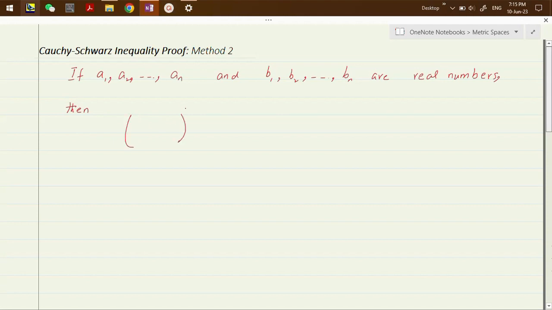the square of summation i from 1 to n ai bi is less than or equal to summation i from 1 to n ai square into summation i from 1 to n bi square.